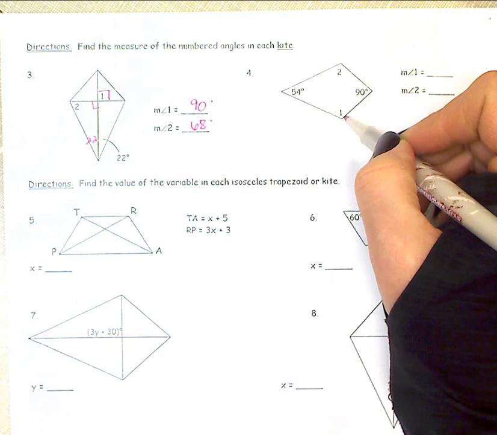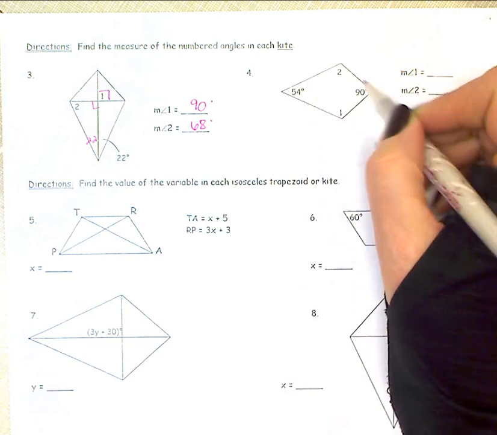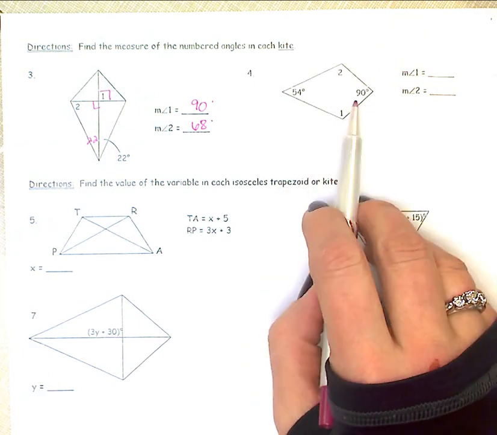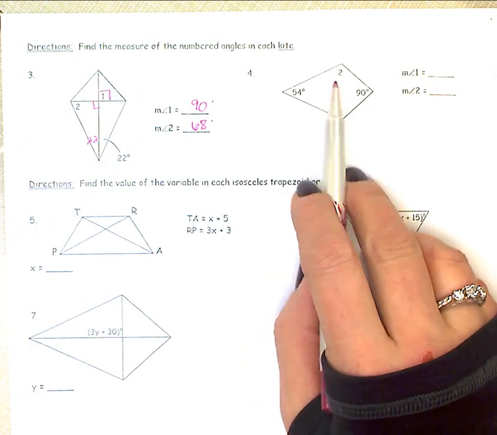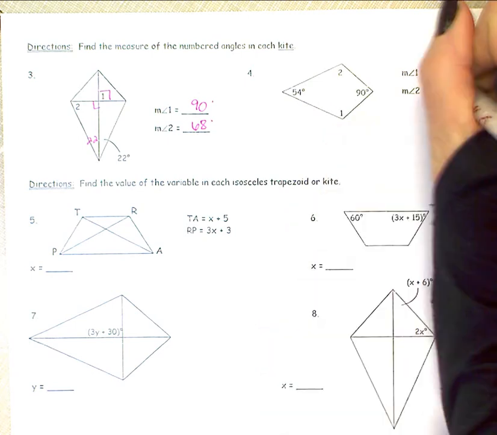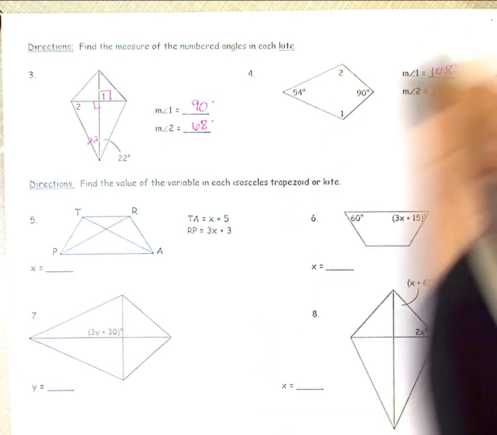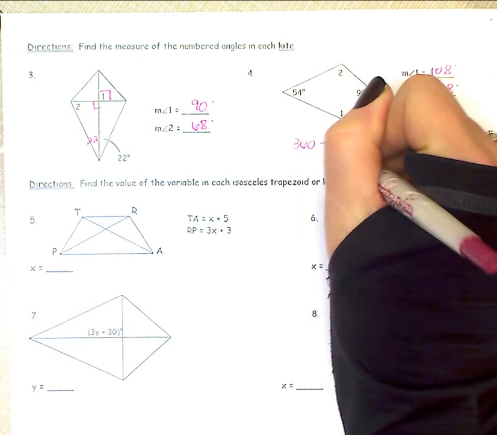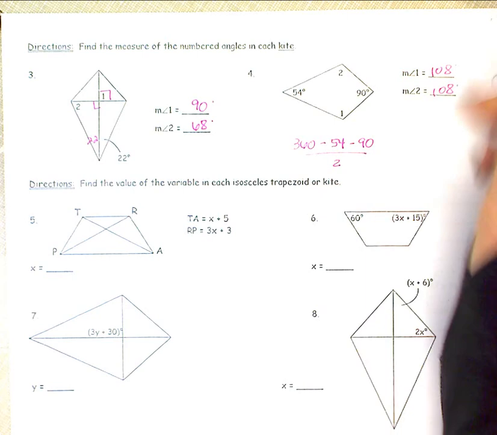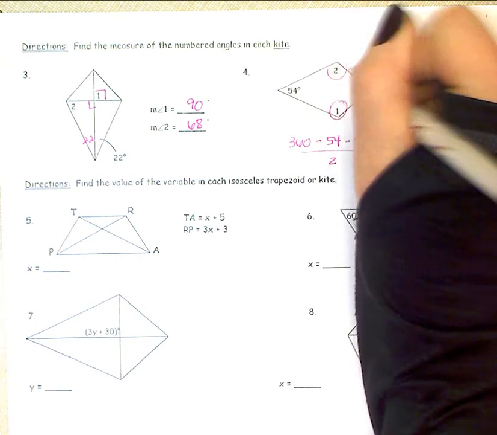So if the sum of the angles in a quadrilateral is 360, 360 minus 54 minus 90 divided by 2 is going to be 108. So I'll just write that here. And they're divided by 2 because this is congruent to this.